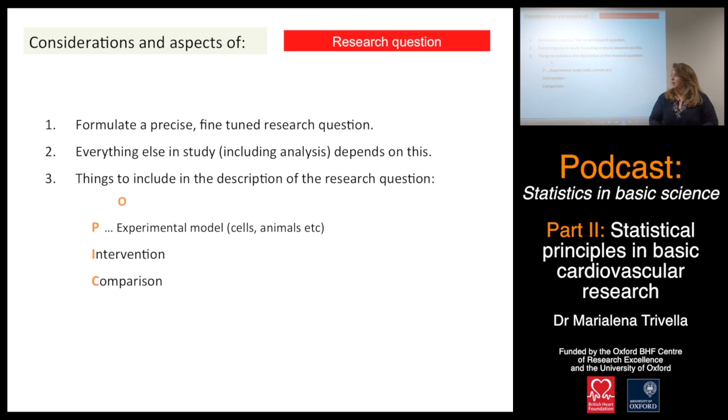In other words, what groups are we going to compare? And finally, the O is the outcome, and it's perhaps the most important part. What outcome are we looking to measure and explore? So for our research stage to be complete, in addition to the question itself, we need to describe these factors. Only then can we talk about a fine-tuned question.